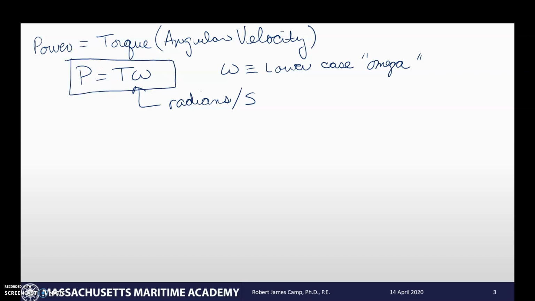Now, typically, we're not using radians per second. A lot of times we're going to be looking at things like RPM, which is revolutions per minute, or revolutions per second. And so we can convert over our RPMs, our revs per second. Another one you might see is CPS, which would be cycles per second.